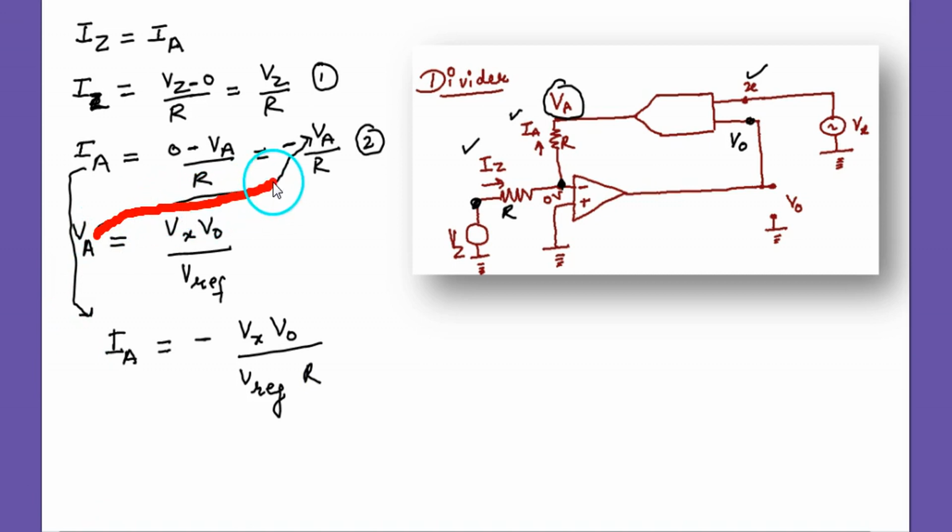Substituting this value of Va here, Ia becomes equal to this. Now Iz equals Ia, so instead of writing Ia, we write Iz.